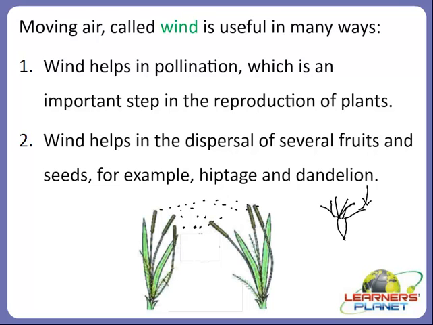Even wind blows away fine particles of dust suspended in the air. Now, just imagine that if these dust particles suspended in the air are not blown away by the wind, then what will happen? They will combine with smoke and water vapor.